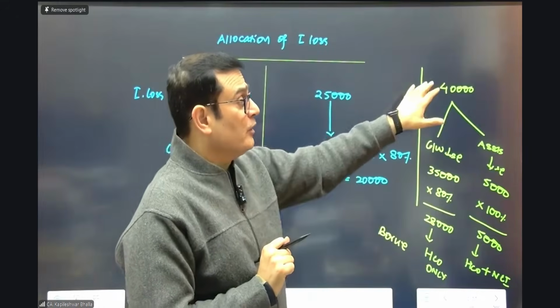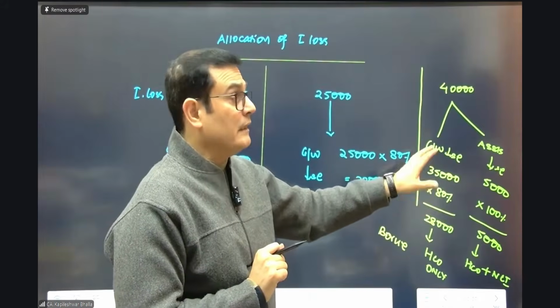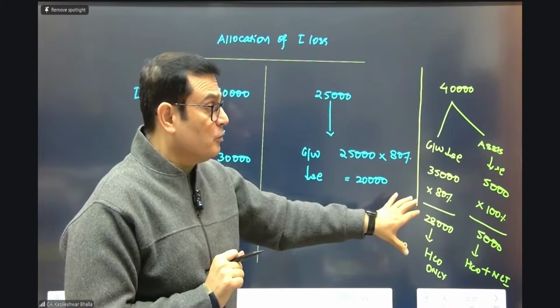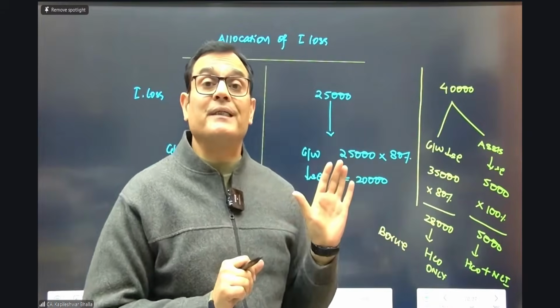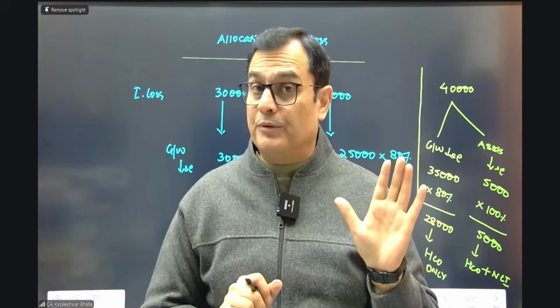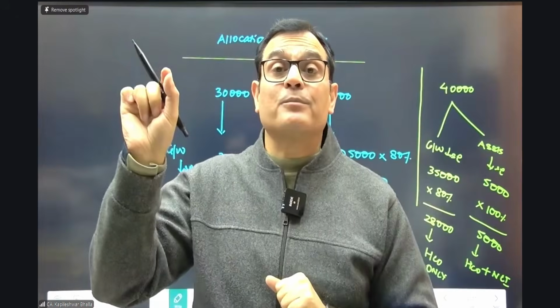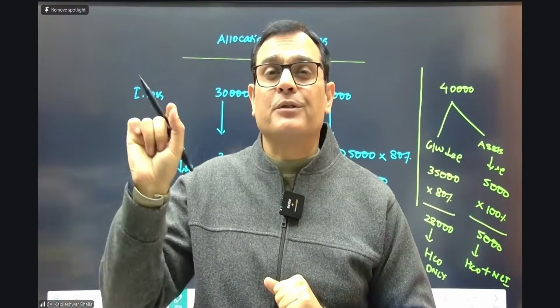If your impairment loss is more than the grossed up goodwill, divide how much is the goodwill decline, how much is the asset decline. Take 80% of the goodwill borne by the parent and take 100% of the assets borne by the parent and the NCI both. I hope, friends, I stand absolutely clear on the concept of goodwill impairment in terms of PASNA and in terms of fair value.